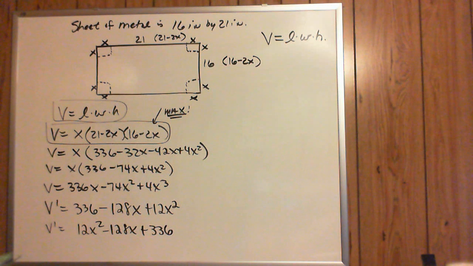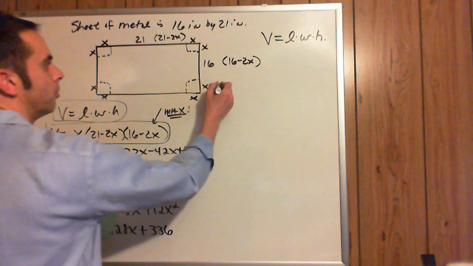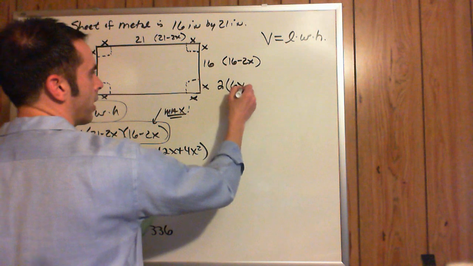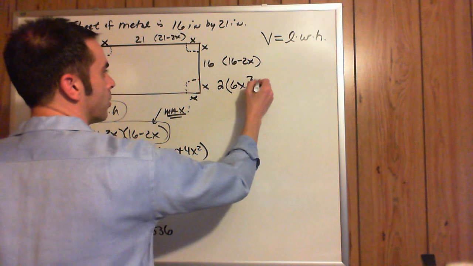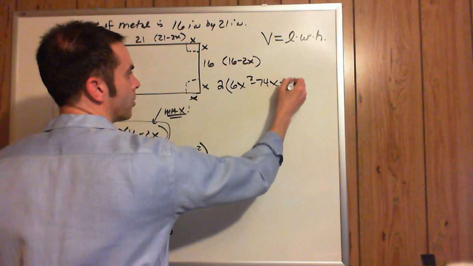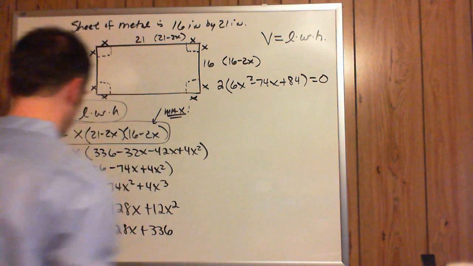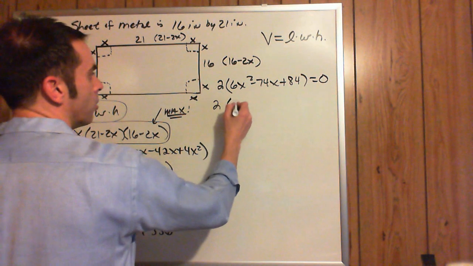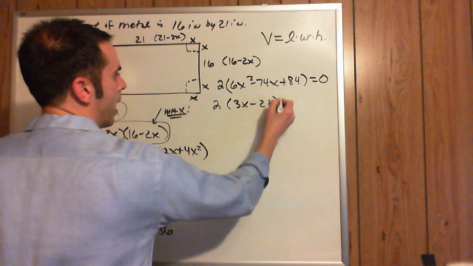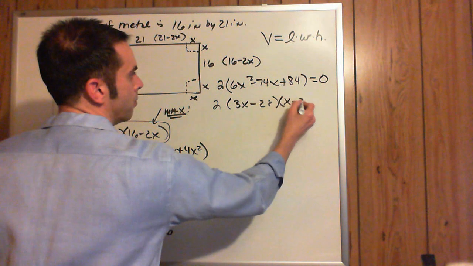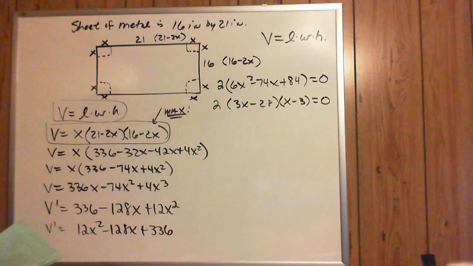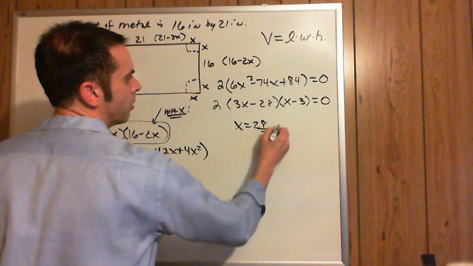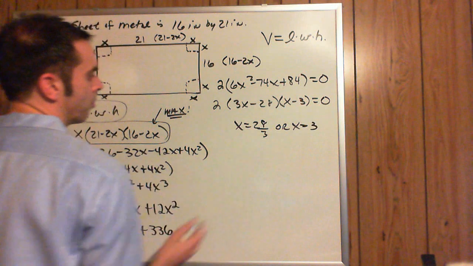What we can factor out from there is a 2, and we would have 2 times 6x squared minus 74x plus 84 equals 0. We can actually factor this into 3x minus 28 times x minus 3. So now the factors equal 0 when either x is 28 thirds or x is equal to 3.